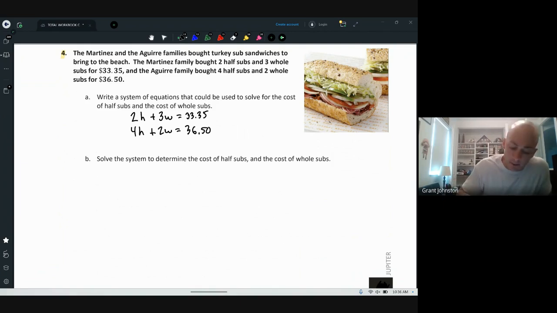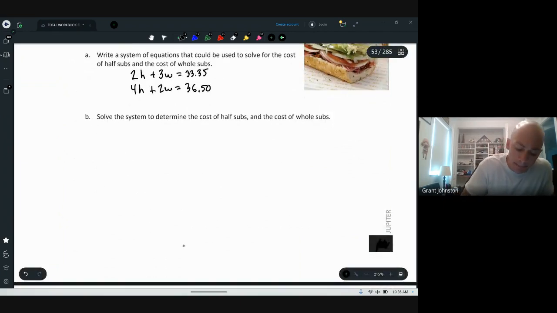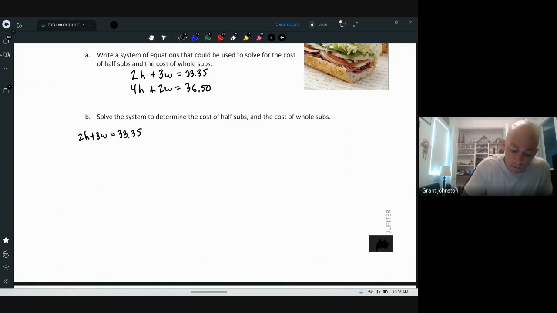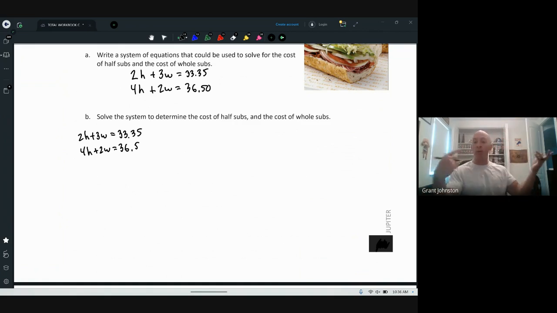Now I'm going to rewrite that system down here. And I'm going to try to solve this. So neither equation is written as an H equals or a W equals. So this is not set up for substitution.